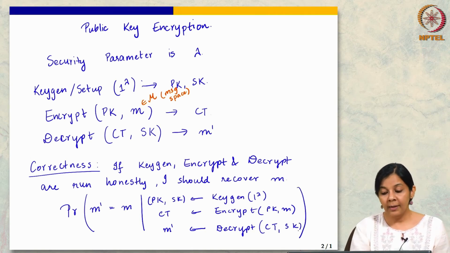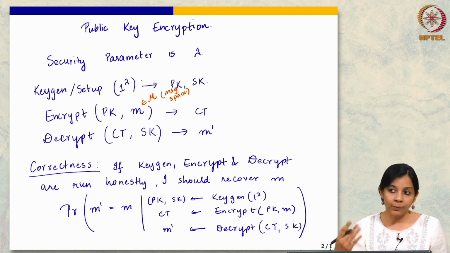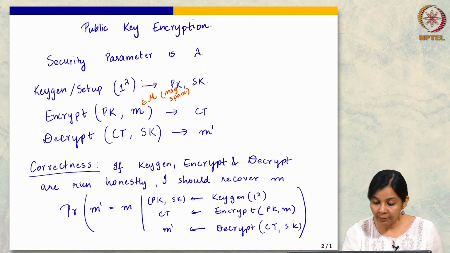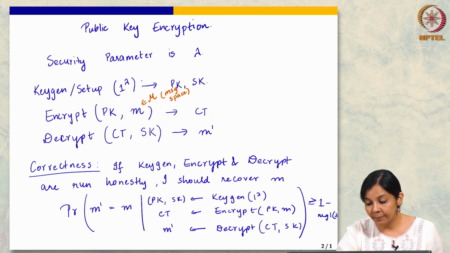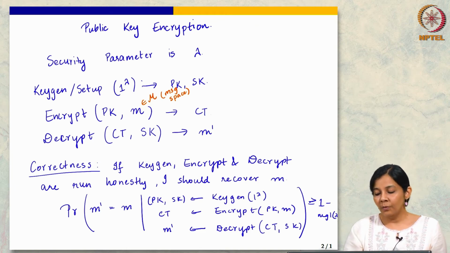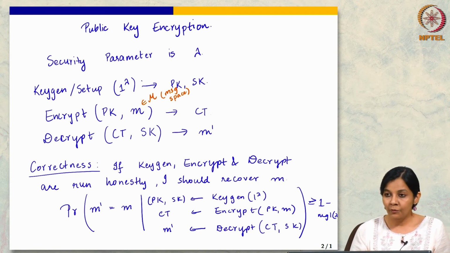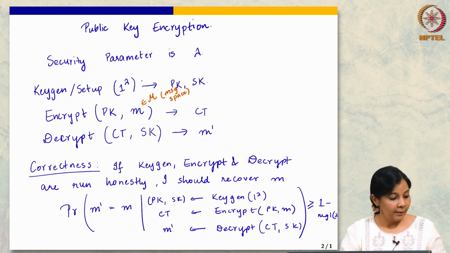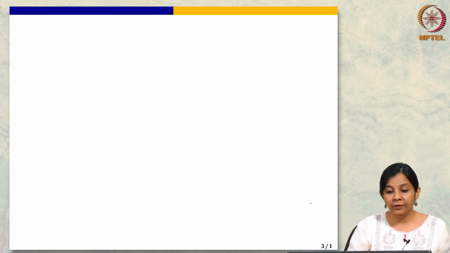This probability is over the random coins tossed by these different algorithms. Yeah, so that is the probability space. So this probability should be greater than or equal to 1 minus negligible in lambda. For simplicity for now you can think of it as just being 1 if you want, but in general we do allow a negligible probability of error. Okay. So this is correctness. So what about security?